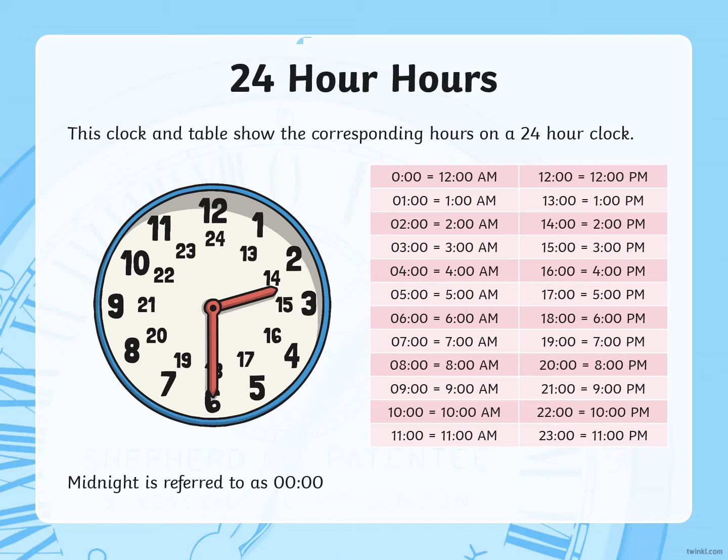Midnight is referred to as 0-100 hours. 0-100 equals 12 AM. 100 equals 1 AM. 600 equals 6 AM. 1100 equals 11 AM. 1200 equals 12 PM or midday. 1600 equals 4 PM. 2000 equals 8 PM. And so on.